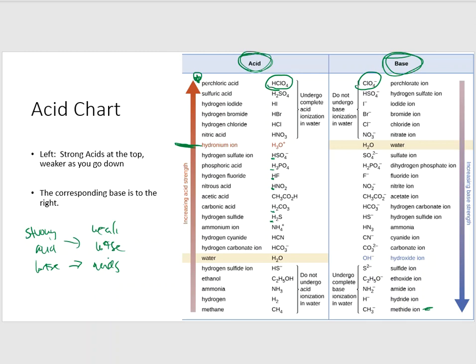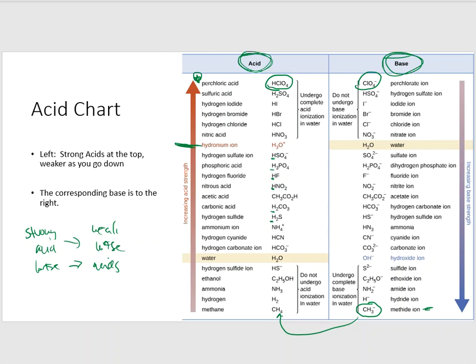So another example, down here at the bottom, this is the methyl ion. This is extremely basic. It is very, very strong. So it's going to gather a proton whenever it can. And when it does that, it makes the CH4 molecule. Well, because this is strong, and because it's actively searching for a proton every single time, when it does get one, that CH4, if it tries to spit it back off and it reverts back and makes CH3 minus, CH3 minus will just slap it back on there again.